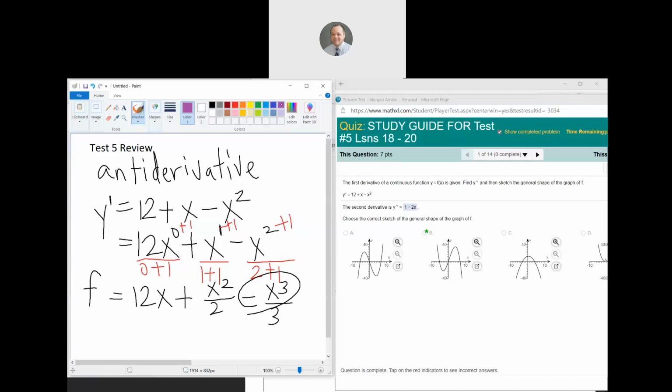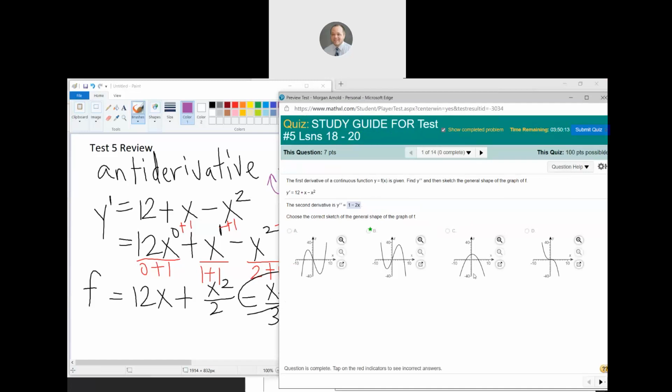So the graph that looks like that is B. Right away you would eliminate choice C because that is a parabola, and we know a parabola has the highest exponent of 2.